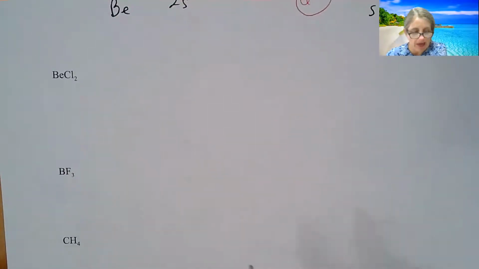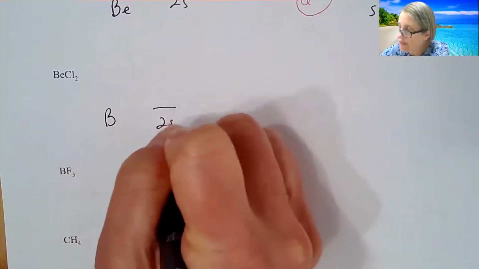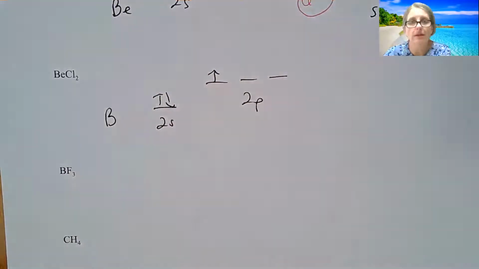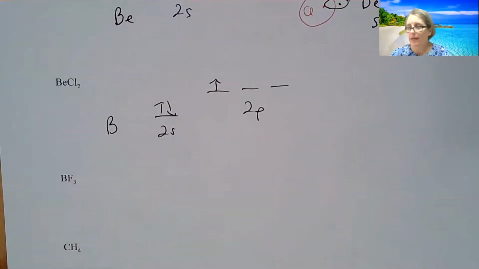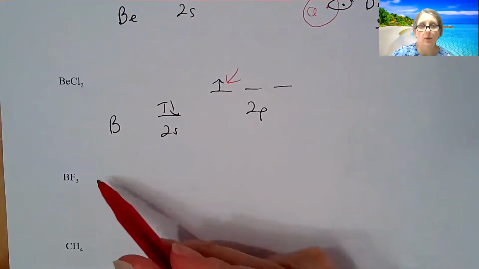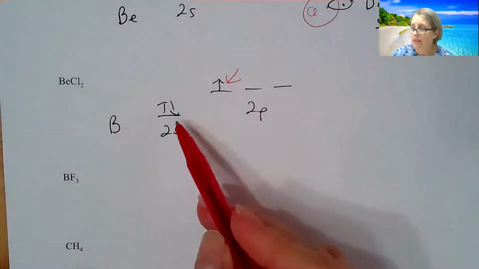So what about BF3? Well, again, boron has 2 electrons in the 2s and then 1 electron in the 2p. So it looks like I only have 1 location to form a bond, but I know boron trifluoride actually exists.